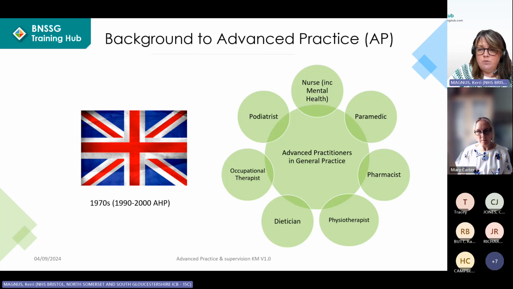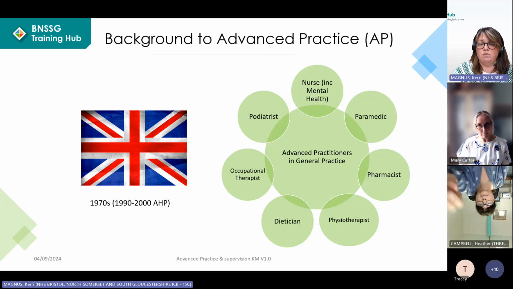From a background perspective, advanced practice has been around since the 1970s. And traditionally in general practice, you've had advanced nurse practitioners. But with the introduction of the additional role reimbursement scheme, which is an employment scheme, there has been a push to widen those individuals of those professions working at that advanced practice level.